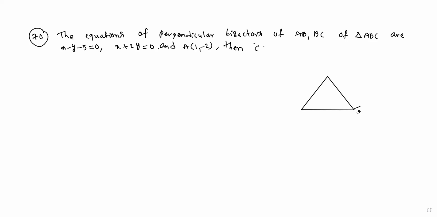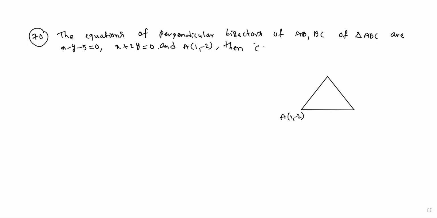Now in this, two perpendicular bisectors are given, and point A is given, that is 1 comma minus 2.